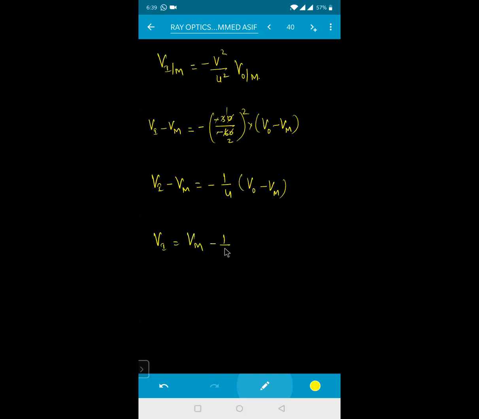This will be equal to minus 1/4, and this is your velocity of object minus velocity of mirror. The velocity of mirror is how much, beta? Opposite direction to the object, so it is minus 4. So this is minus 1/4 into the velocity of object, which is how much, beta?